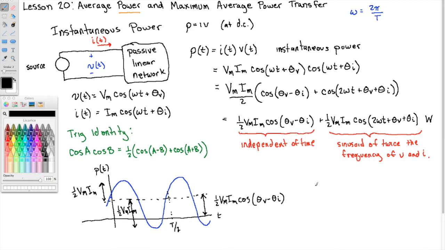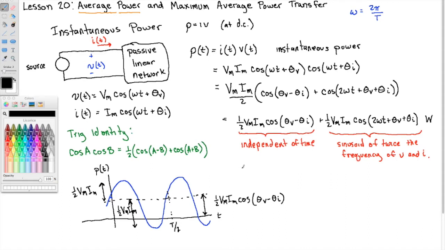Good. Now, if we wanted the average value, this is what we're trying to get at, it's the average value of the power. Because the instantaneous power is not that useful to us. Imagine the frequency is 1,000 radians per second. So it's going up and down very quickly. Why would you want to know what the power is at exactly 0.01 seconds or something like that? It's really not that useful to us to know the power at an exact instant of time.